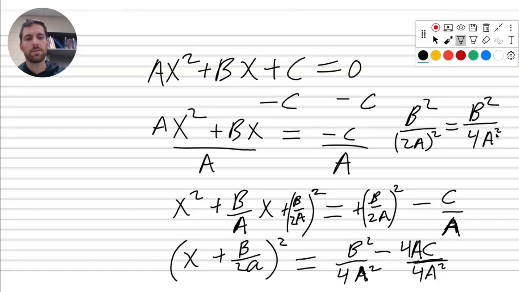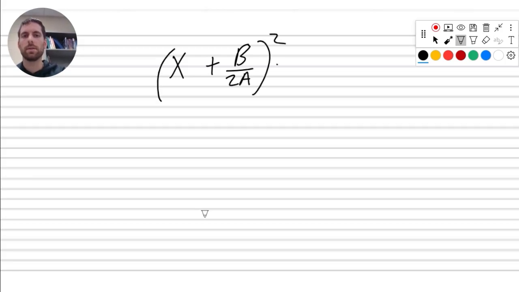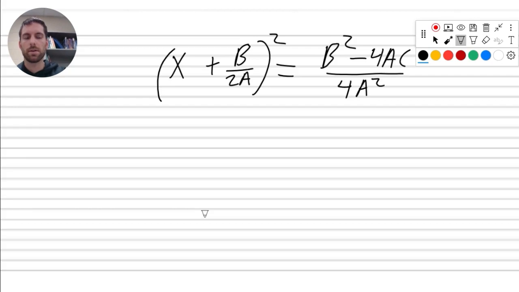And this is a common denominator. Now we can solve this. So we'll get x plus b over 2a, squared, equals b squared minus 4ac over 4a squared, like we should.